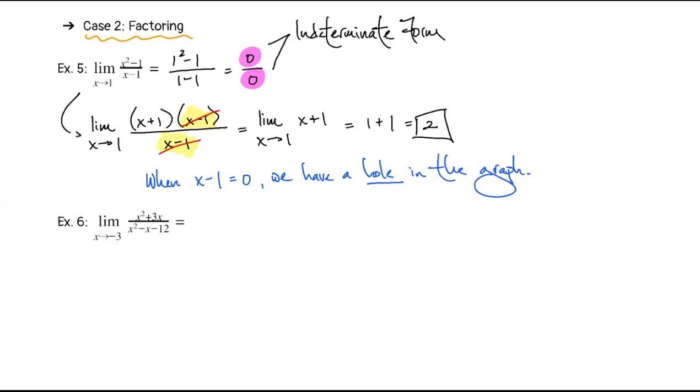Now, some people call it a hole, some people call it a discontinuity, interchangeable, okay? But if we pull up the graph of this, which we'll do in a little bit, and I graph x squared minus 1 over x minus 1, and I zoom in at x equals 1, there's going to be a hole in the function, okay?